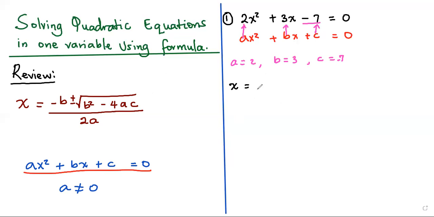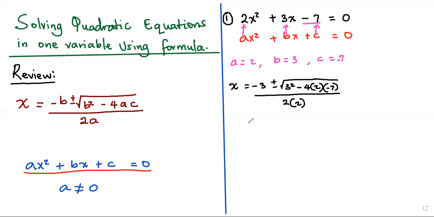So b is 3, so this will be minus 3, plus or minus the square root of b squared, that will be 3 squared, minus 4 times a, which is 2, times c, which is negative 7. And then we divide it by 2a, and a is 2.